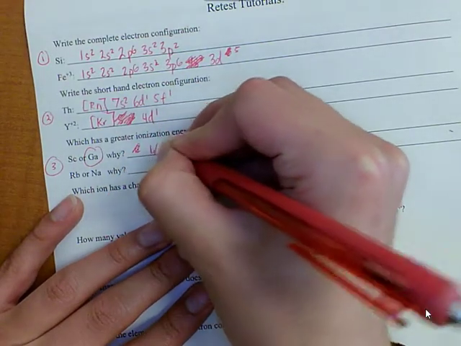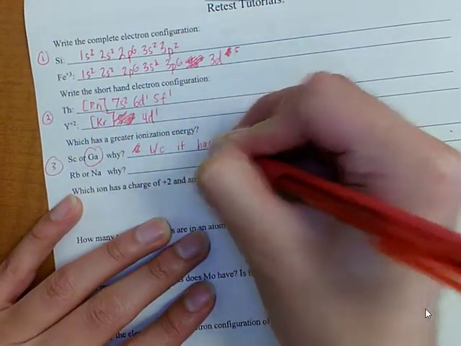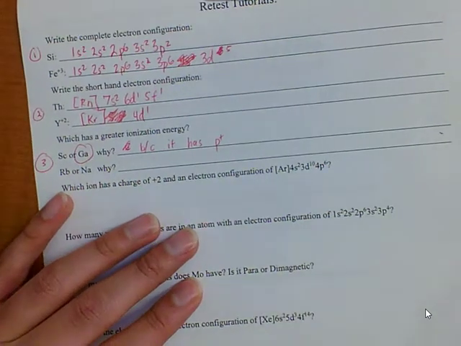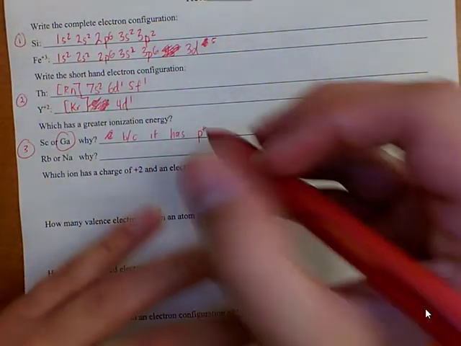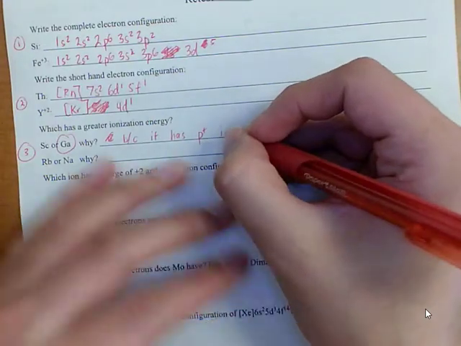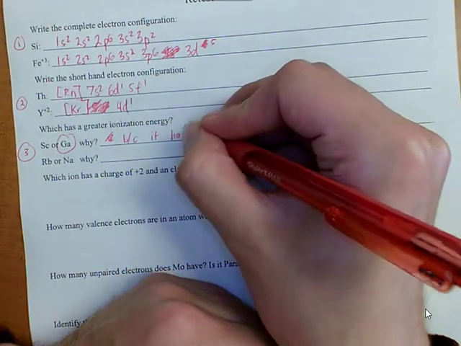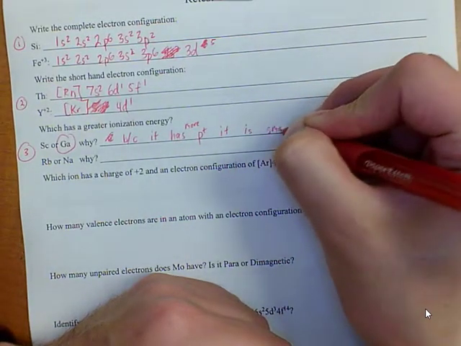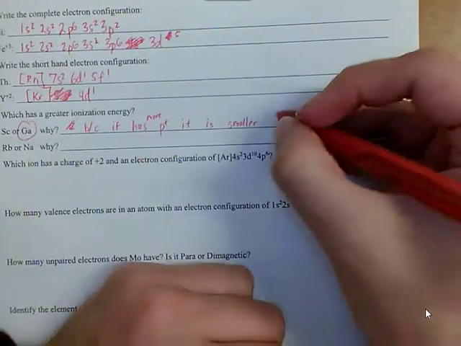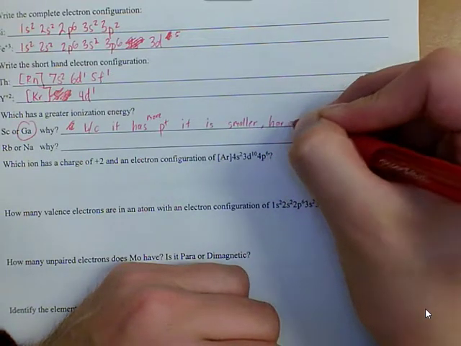Why? Because it has more protons. And since it has more protons with the same number of energy levels, this has to be smaller. So because it has more protons, it is smaller. And since it is smaller, it is harder to remove electrons.